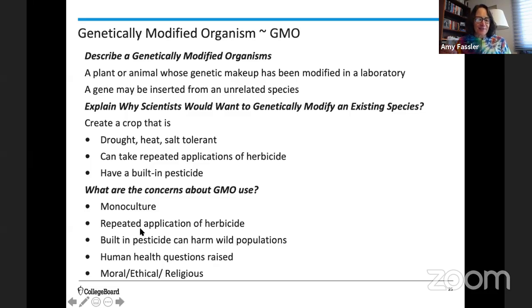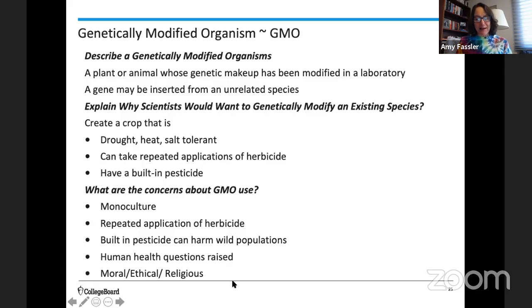So this seems a little confusing at first. How can taking repeated applications of an herbicide be good and bad? Well, it's good in terms of my crop yield. It's bad because I'm spraying a lot of herbicide. And some of those herbicides are persistent organic pollutants that can cause both environmental and human health effects.